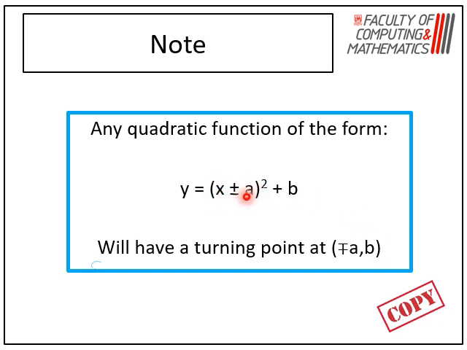If you have (x take away a) all squared plus b, then your turning point is going to be positive a, b. So the only thing that changes that you need to keep an eye on is the sign of your a. Your b is just going to be whatever your constant is at the end, including the sign.